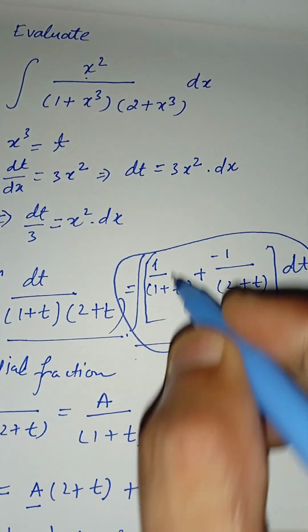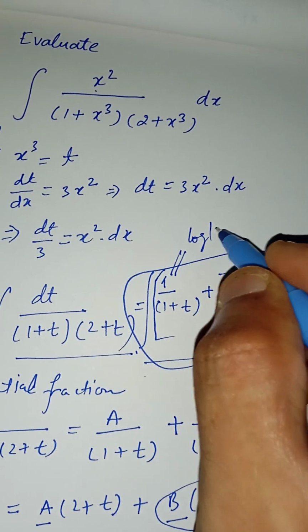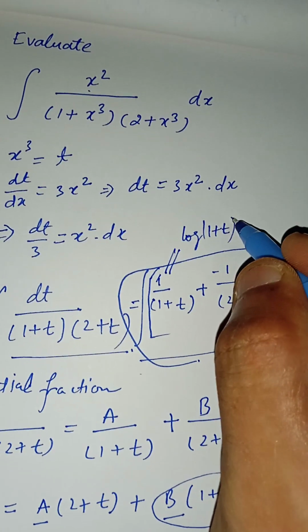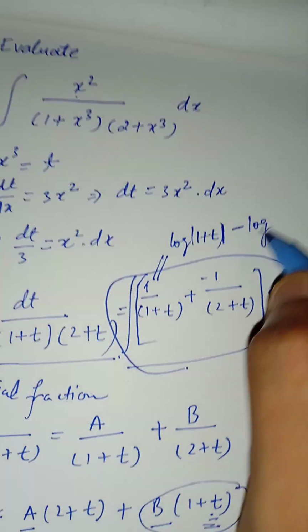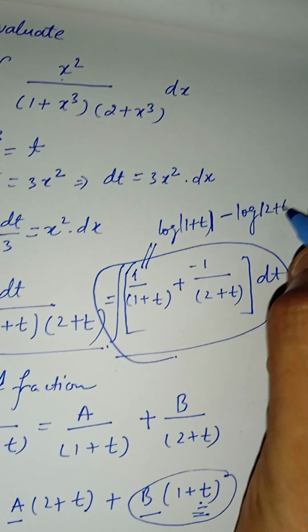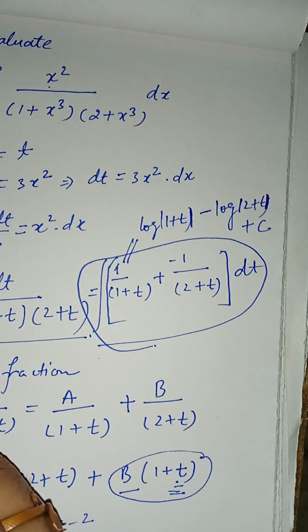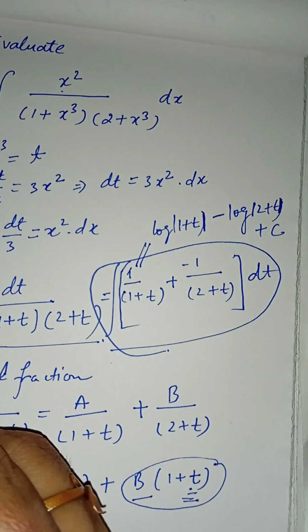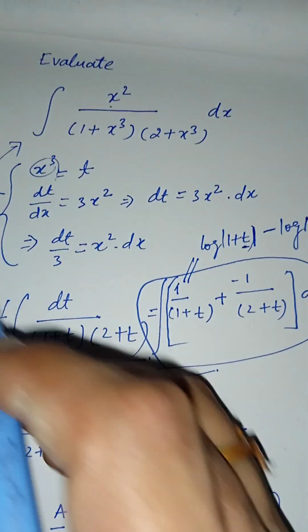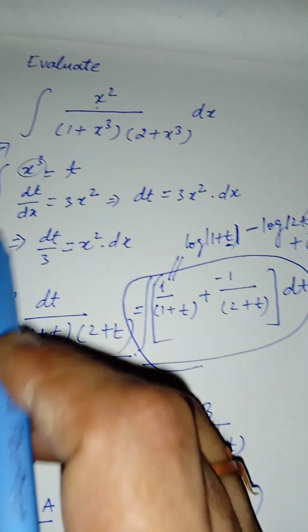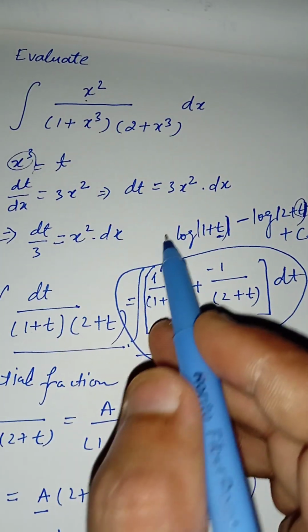So when you integrate this, you get log (1 plus t), and similarly, minus log (2 plus t) plus c. Now you got your integral very easily. Now you can substitute the value of t, which is x cubed, here and also here. So this is your final answer.